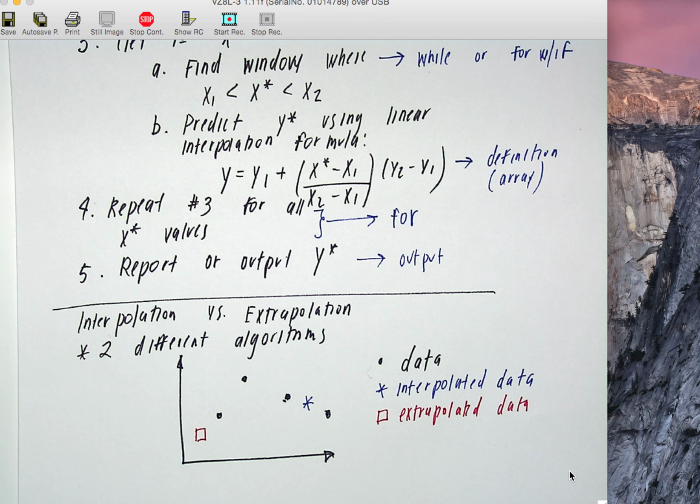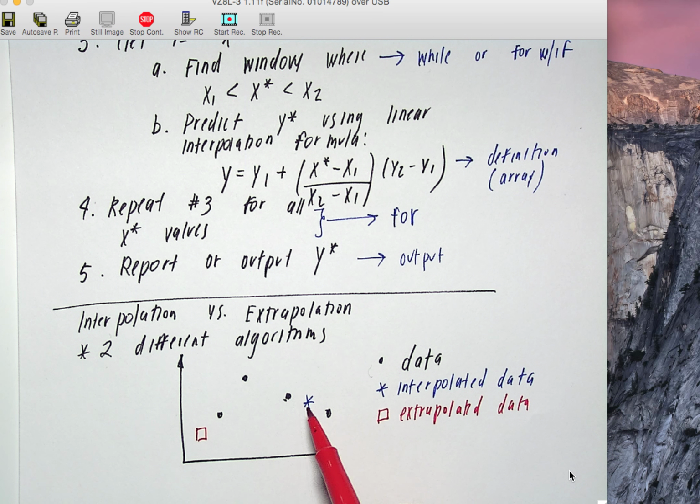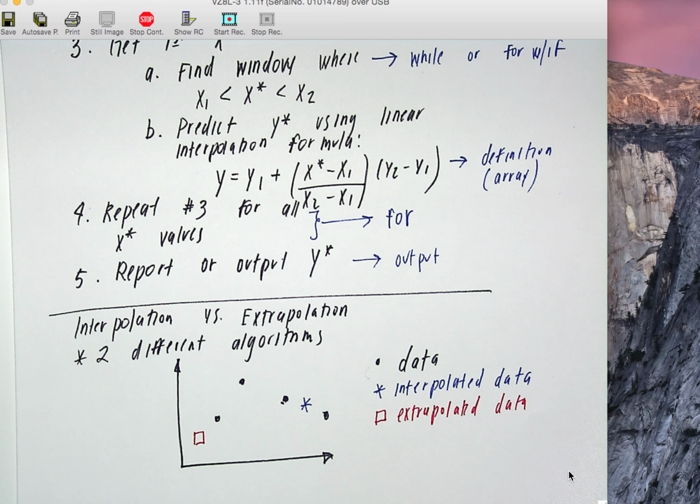You can do that, it's fine. Usually you do some sort of fit to several points, and then you can find what point would be right outside of it. But that's not what we're doing. So a really good check to your algorithm is to make sure that none of your x star values are outside of those bounds. That would be a condition in most interpolation algorithms.